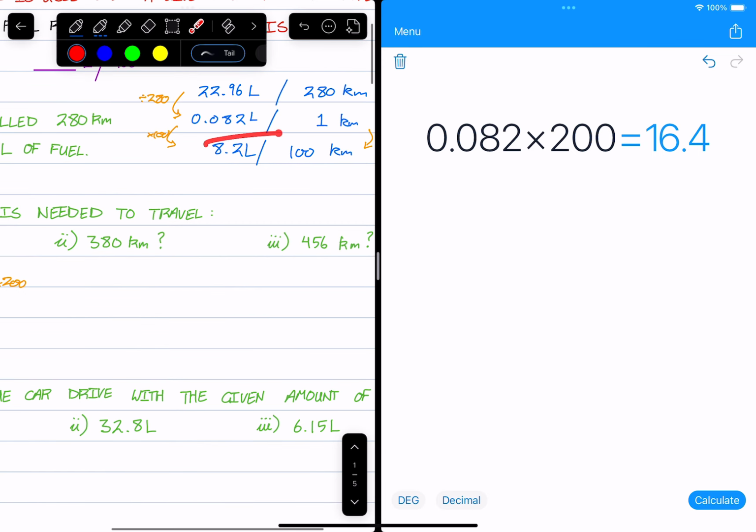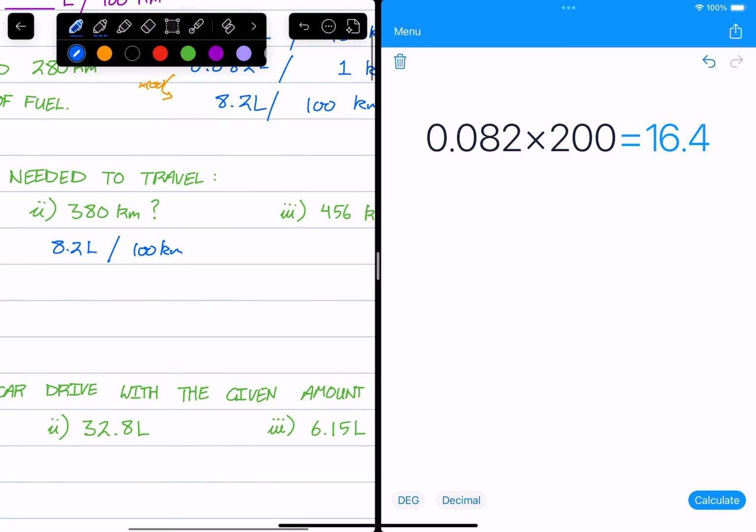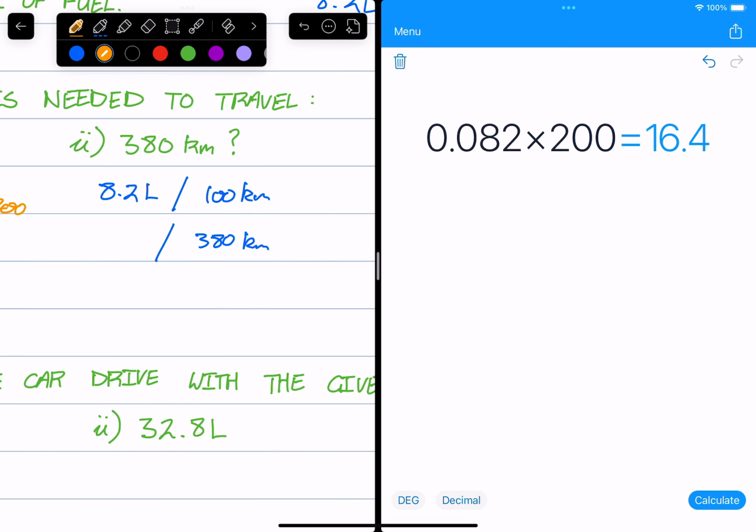But we still can also use this number here, the actual rating. So we can go 8.2 liters per 100 kilometers. And we just simply write underneath the correct position the information given. In this case, it's 380 kilometers. And like what we've seen before, we can find the multiplying factor by dividing the other direction.